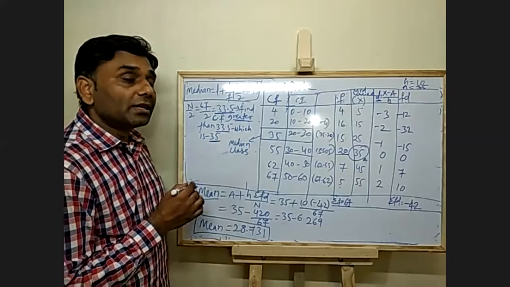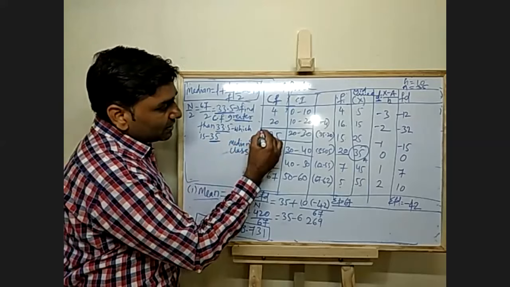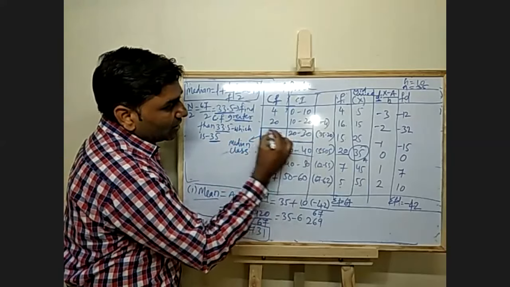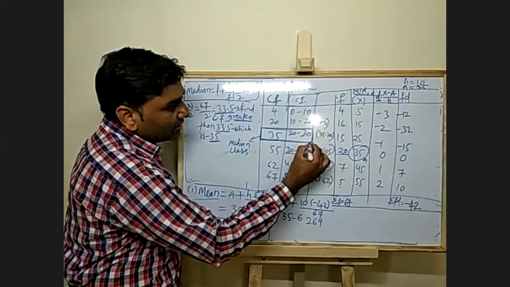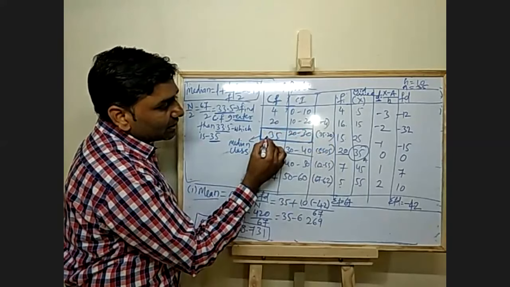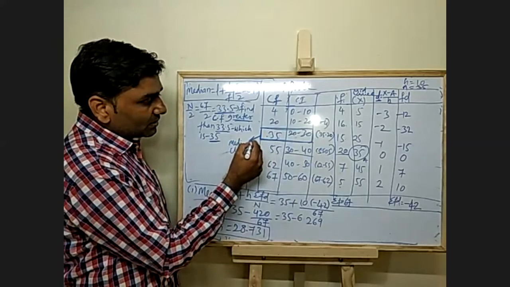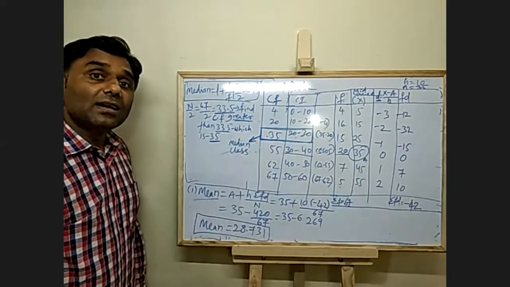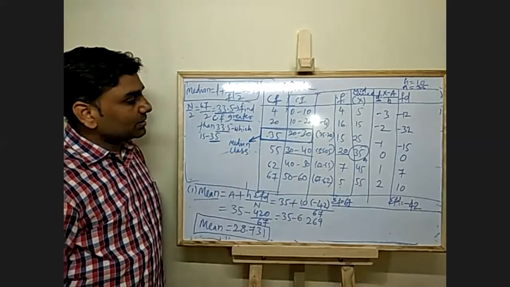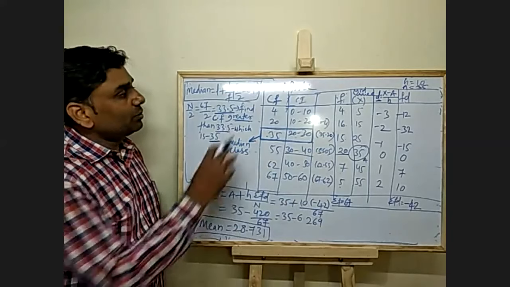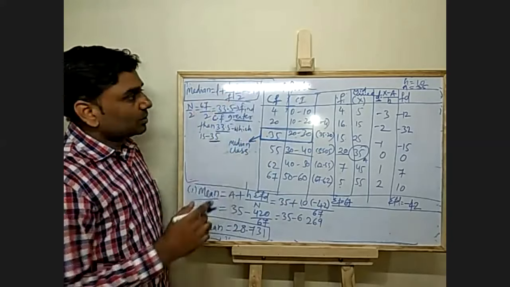So now see, this is your cumulative frequency and this is your class interval. This is called as median class. Now you have all the values. What you have to do?